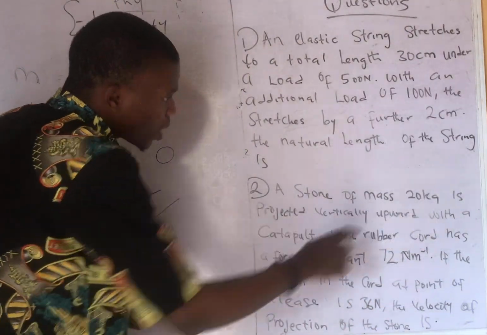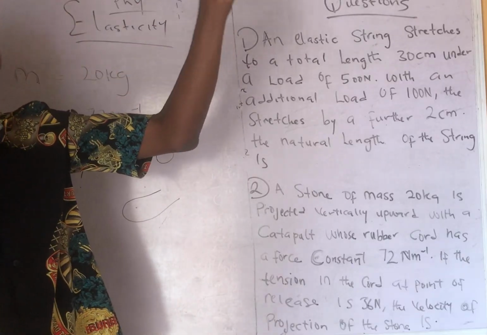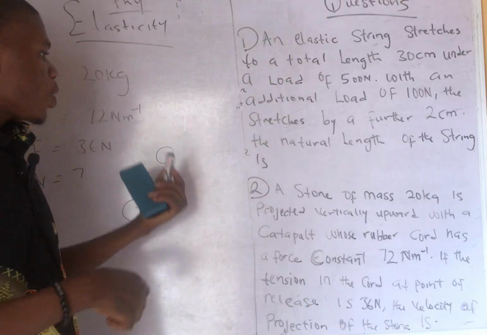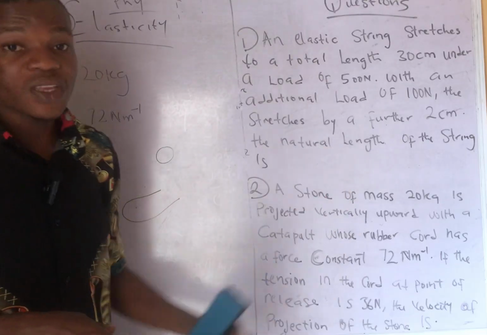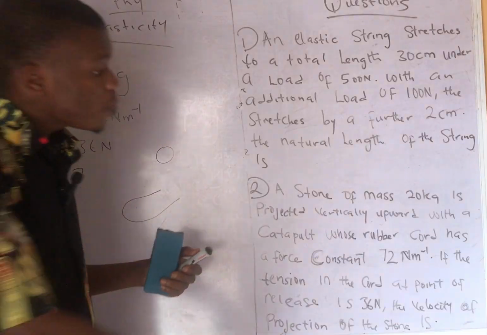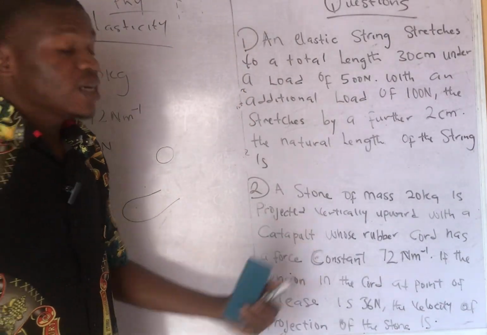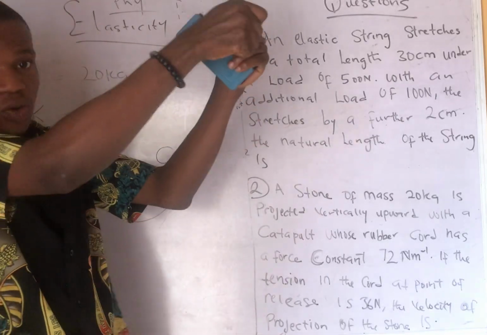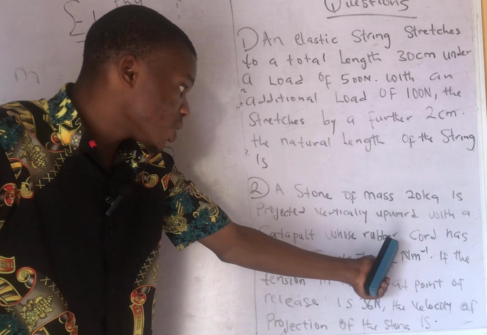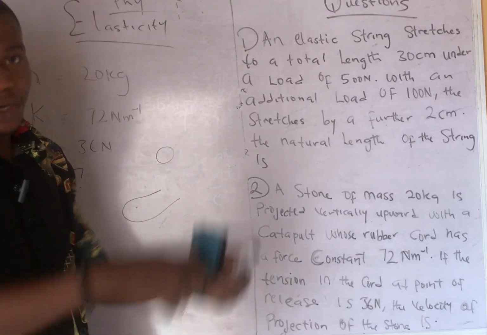They say a stone of mass was projected vertically, so the stone was in motion under free gravity. That means we are going to make use of the kinetic energy of the stone, which will be equal to the potential energy of the rubber cord, because the rubber stretches, and that is where elasticity comes in. That will give us the constant for the rubber and the force, the tension at the point of release.